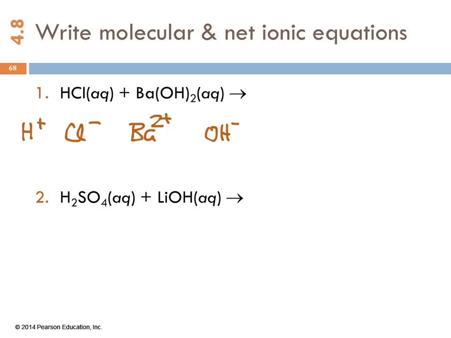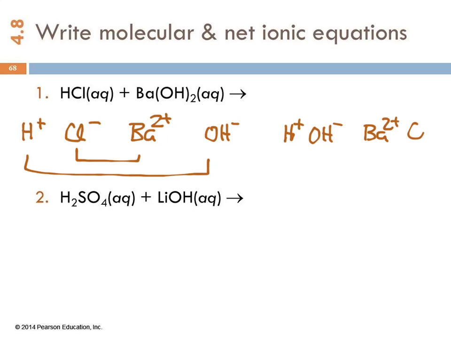And if we change partners, we're going to end up with H plus paired up with OH minus and barium paired with chloride. So when you shove these two together, you get HOH. That looks weird. Yeah, it looks weird. That's H2O.